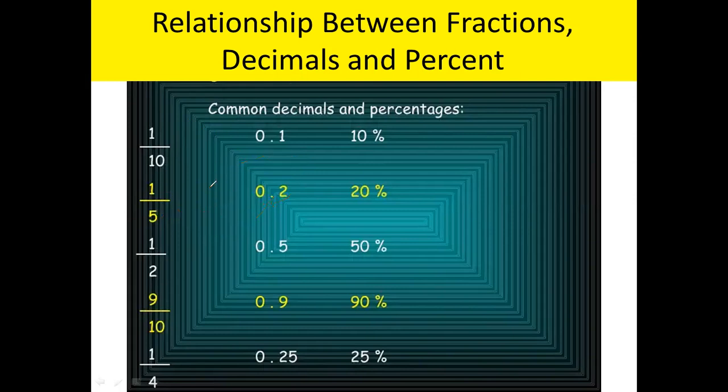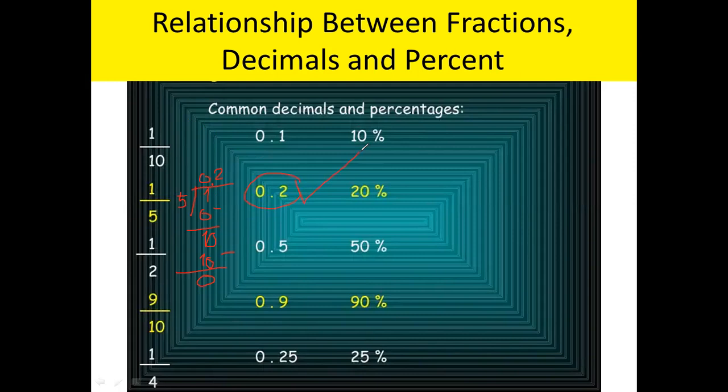So for example, 1/5 if you use division. 0 times 5 is 0. So 1, then we can add 0 and the decimal point. 10 divided by 5 is 2. 2 times 5 is 10. So therefore 1/5 is equivalent to 0.2 as a decimal.